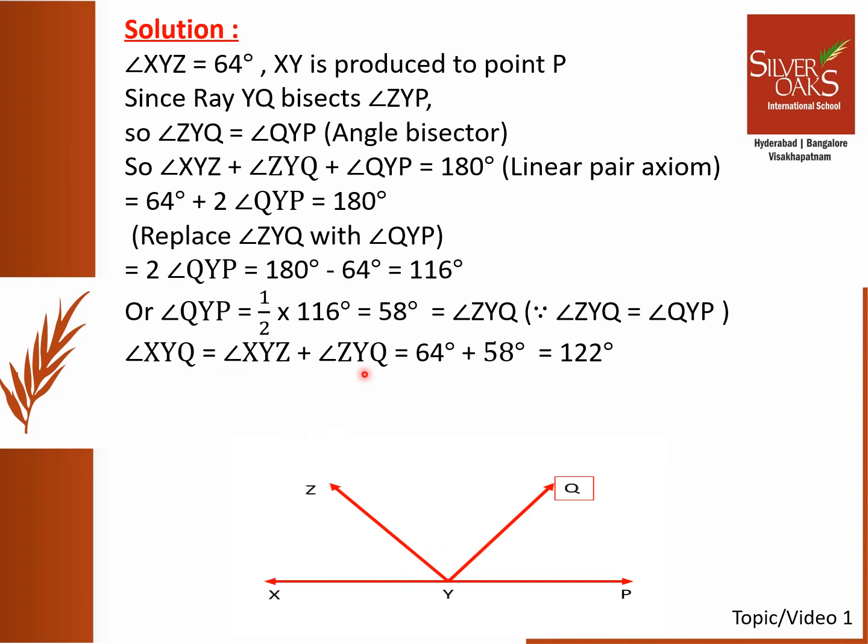This is 58 degrees. 64 plus 58, 122. You got this angle, right? Find out reflex QYP. This angle you found out as 58 degrees. Reflex is 360 degrees minus this angle. 360 minus angle QYP. You got reflex QYP as 302.